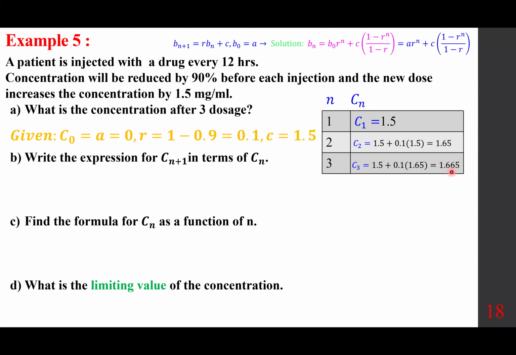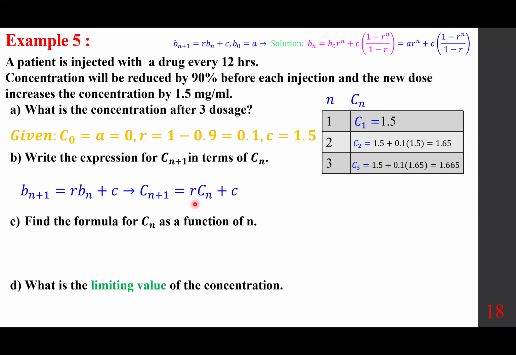Or you can find the expression for C sub n plus 1. To find the expression for that, I'm going to use that and change the B to C. So we are going to rewrite the same formula and change the B to C, everybody. So if C sub n plus 1 is R C sub n plus c, see, the given will help.